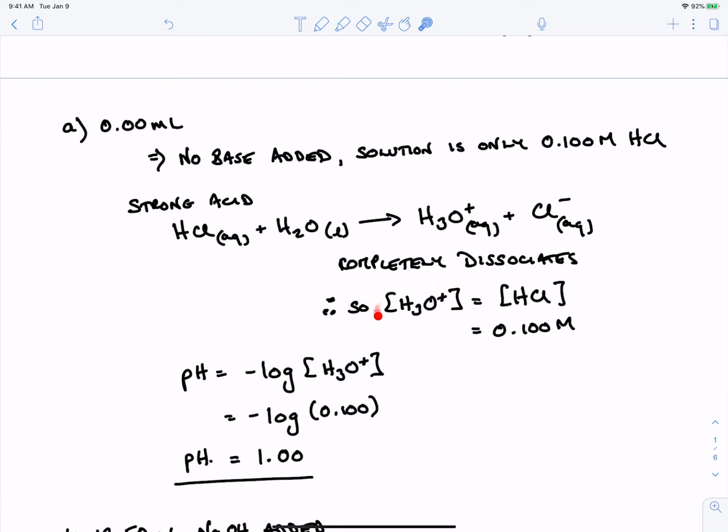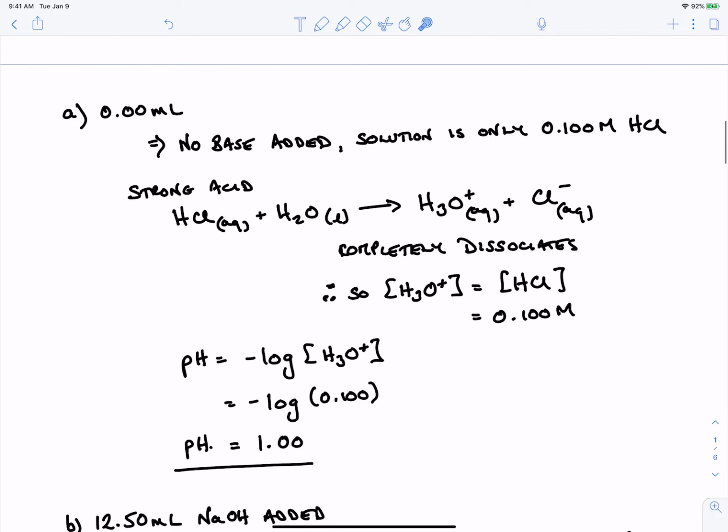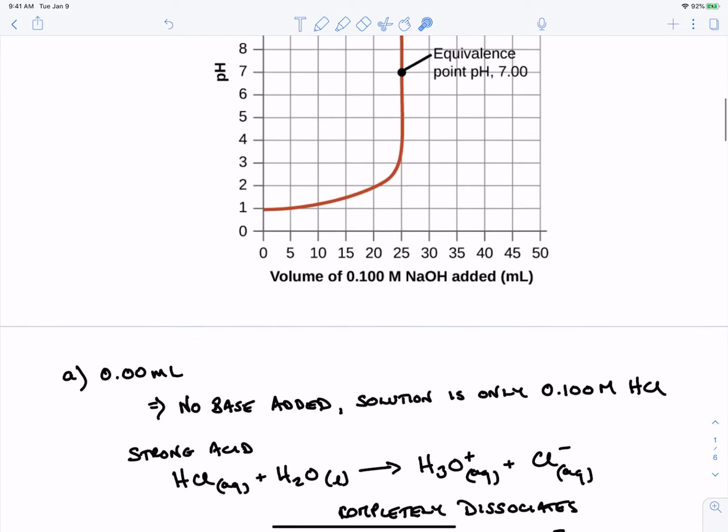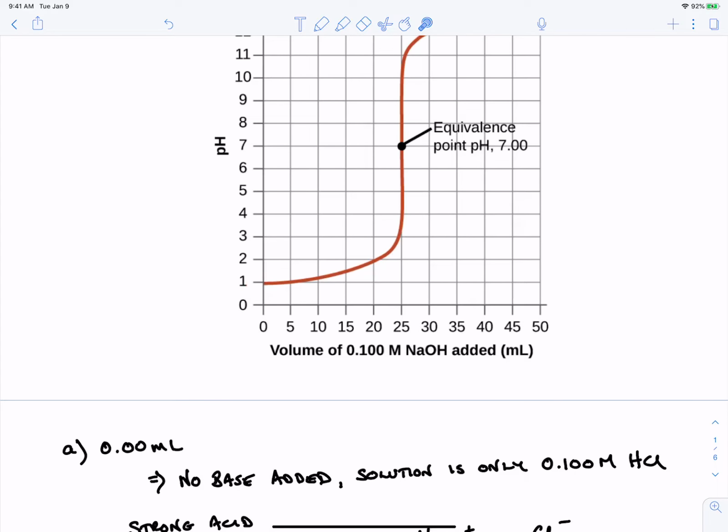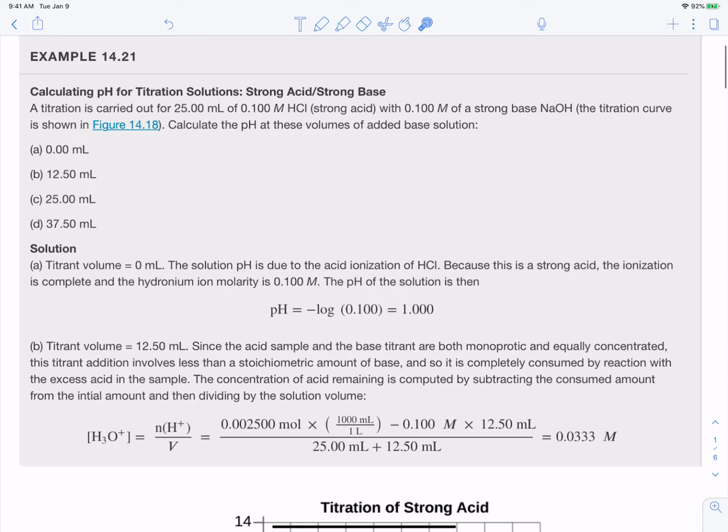So the concentration of hydronium ion is going to be 0.100 molar H3O+. The pH is the minus log of the concentration of hydronium ion, which is minus log of 0.100, so the pH is going to be 1.00, which is exactly what we see on the curve here. And if you look in the textbook, they give you the same answer.